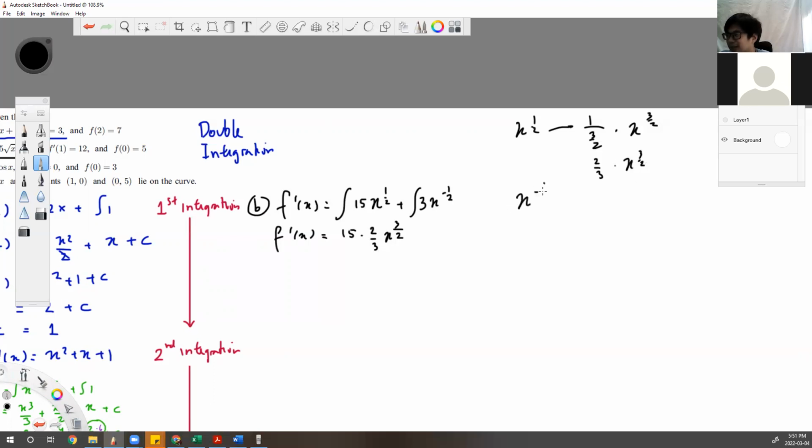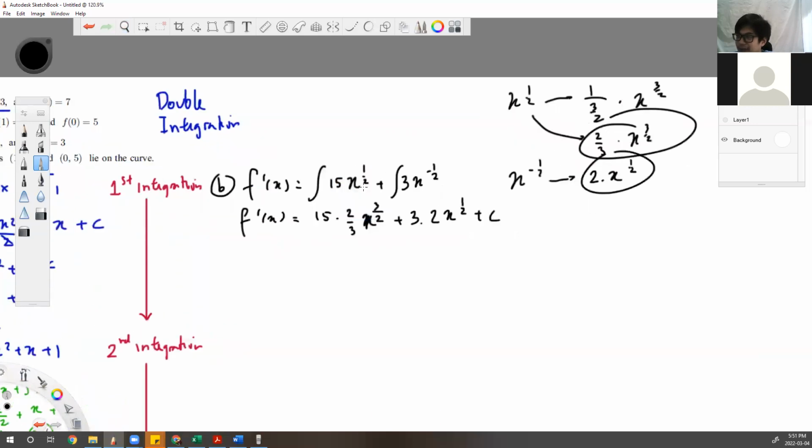If I have x power negative half, if you are desperate to do this, just memorize. It becomes 2 x power half. Okay, just memorize. Nothing faster than memorization. So plus 3 times 2x power half plus c, right?